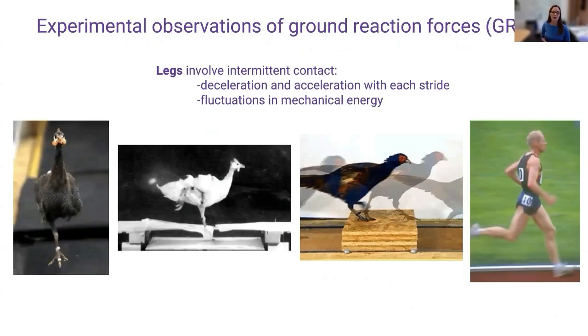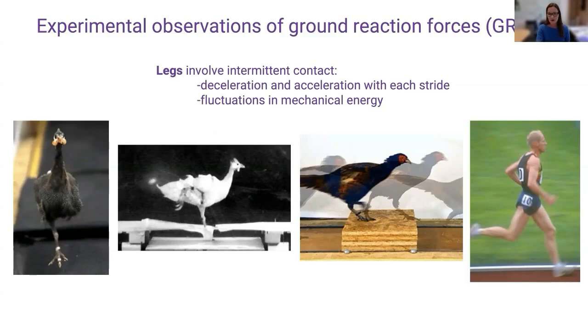If we were in a car, we would have very consistent forces supporting body weight with very few fluctuations, right? But locomotion involves intermittent contact on legs, where there's decelerations and accelerations with each stride, and fluctuations in mechanical energy that depend on the timing of contact of the limbs with the ground, because the limbs are exerting the force against the ground that helps to resist gravity and support body weight.